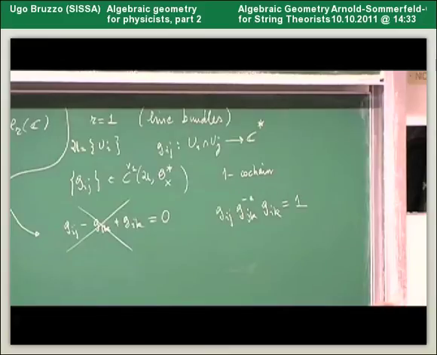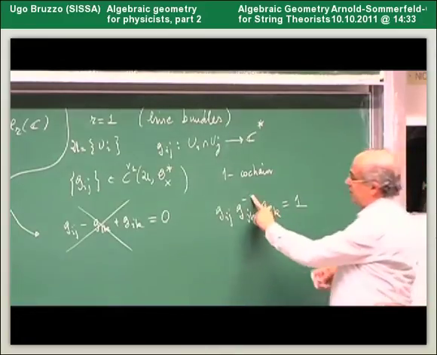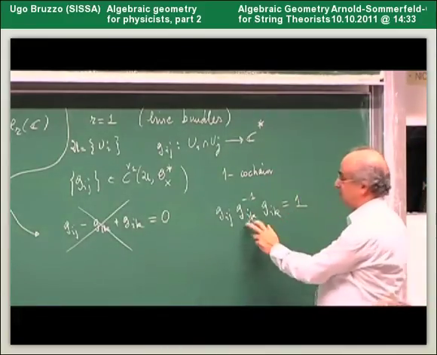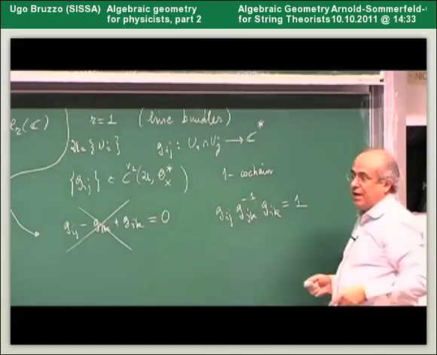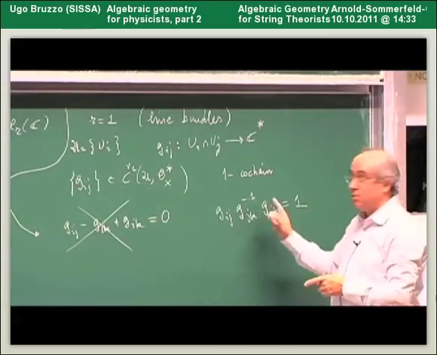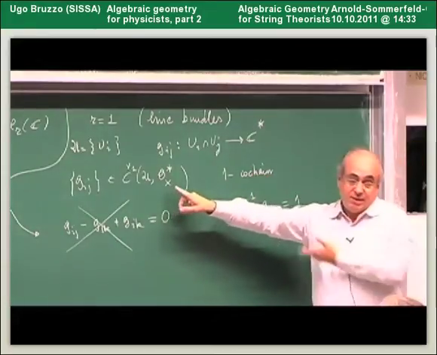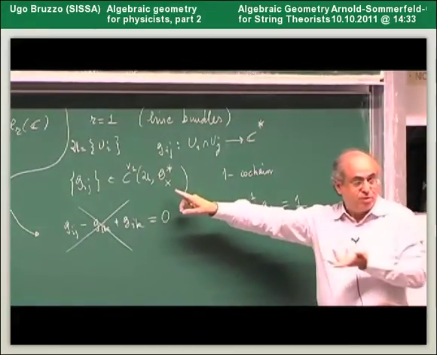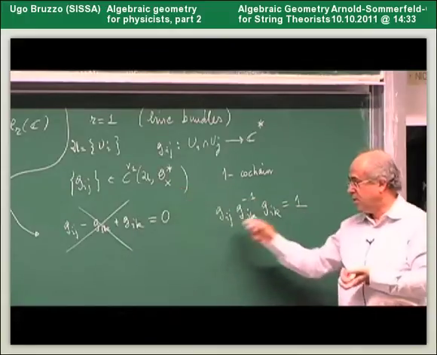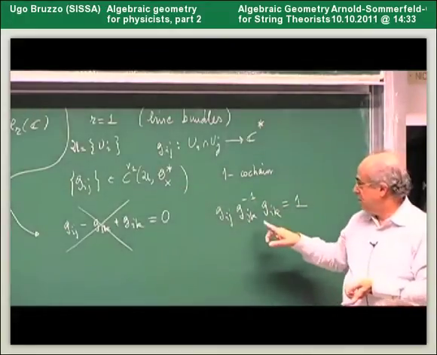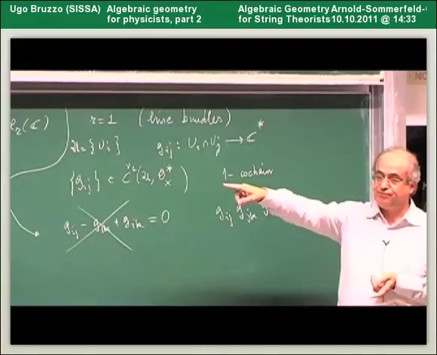In particular, writing the inverse is equivalent to changing the order of the indices. And I can change the order in which I multiply, because this is abelian, of course. It's a sheaf of abelian groups. So the order doesn't matter.